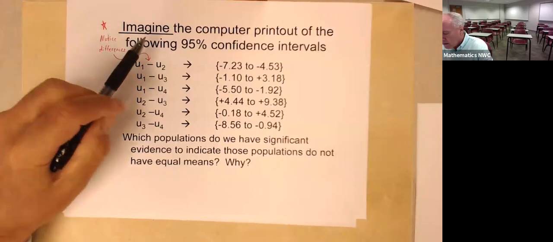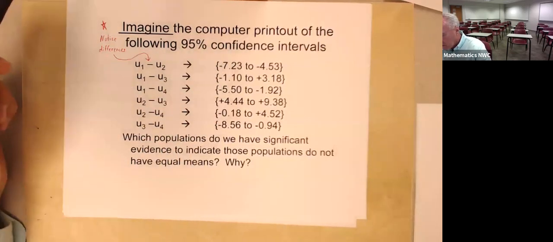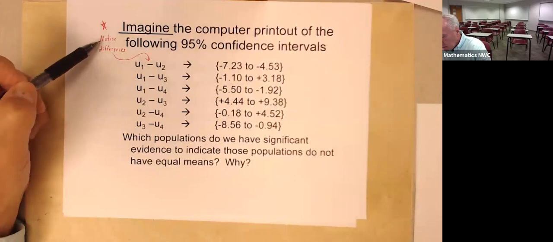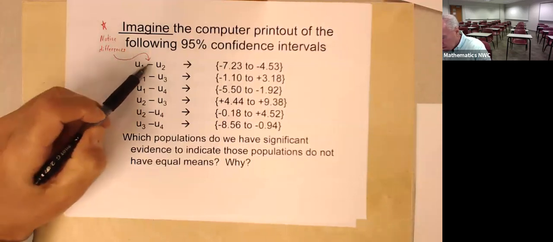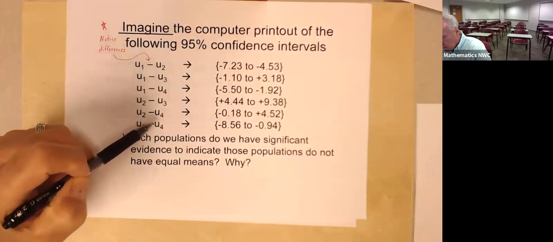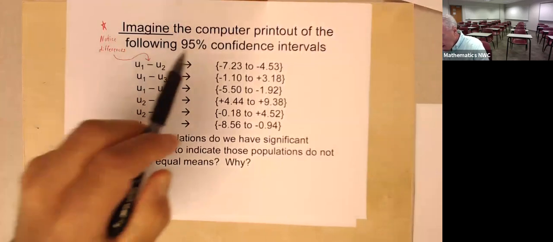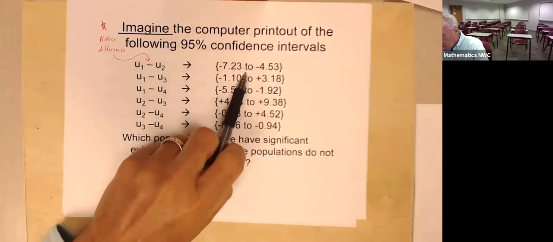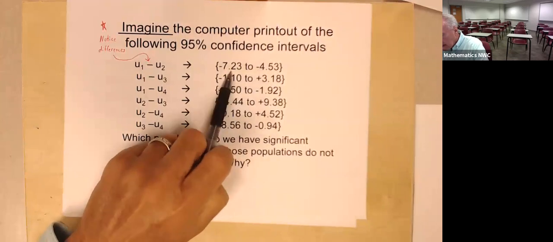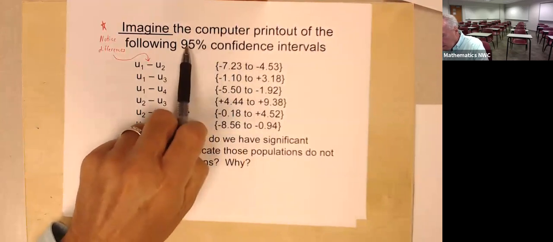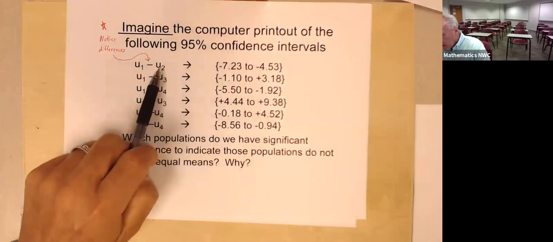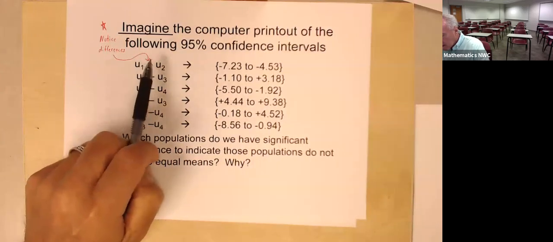Here are some 95% confidence intervals. Notice again, we're looking at differences, minus, minus, minus, all the way down. Notice this confidence interval is entirely negative. We're 95% sure that the mean of population 2 is greater than the mean of population 1.